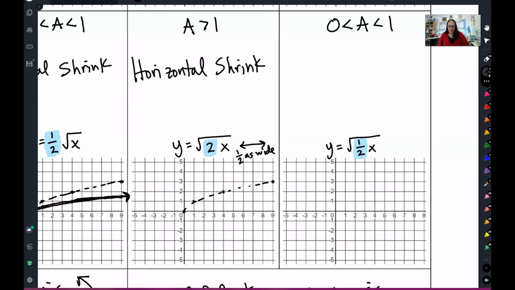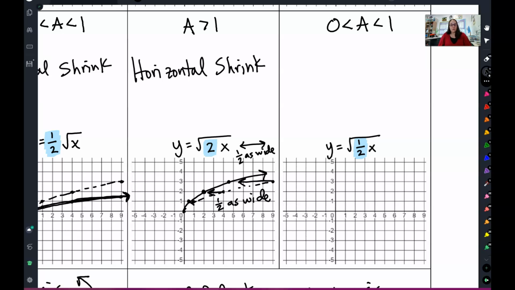So that's comparing this to the y-axis. So I want to bring all these points halfway closer to the y-axis. This one's 4 away, so I want it to be halfway. This one's 9 away, so I want it to be halfway at 4.5. So notice that all these points came in to be half as wide.